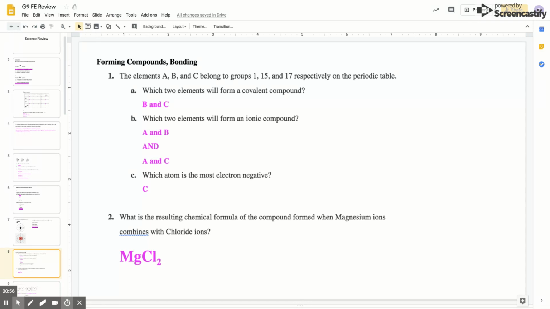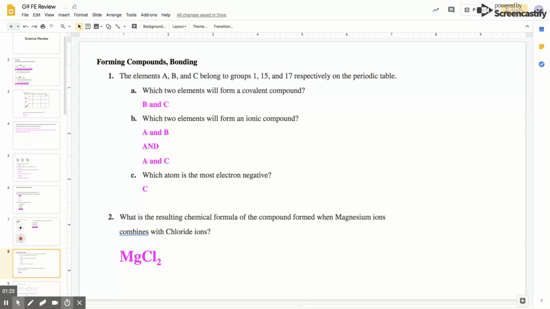Now, which groups would form a positively charged ion and which groups would form a negatively charged ion? Group ones are metals because they have one electron in the valence shell. If they have one electron in the valence shell, which would they prefer to do? Lose that one electron to become like a noble gas, or gain seven more electrons to become like a noble gas?